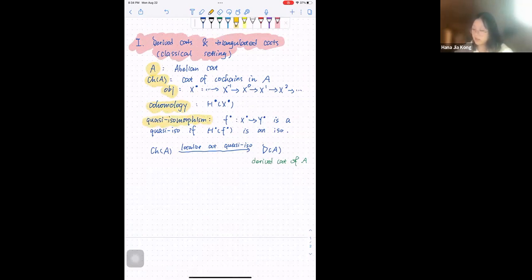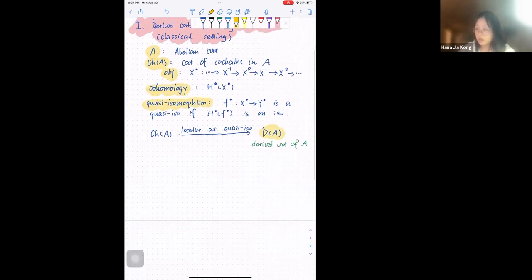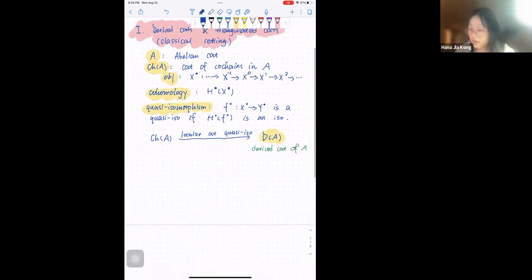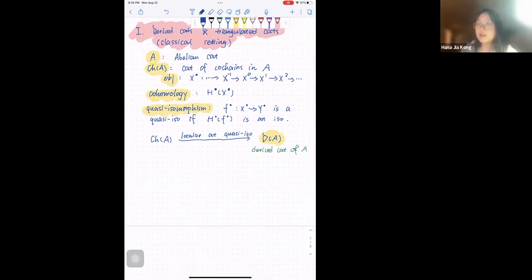There are also some variations. You have cochain complexes, and you can talk about bounded cochain complexes. So you have Ch plus, Ch minus, or Ch b.